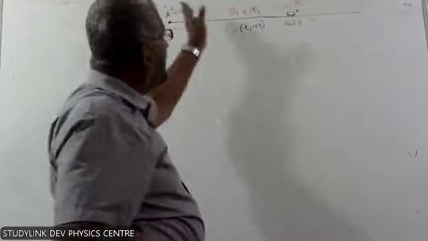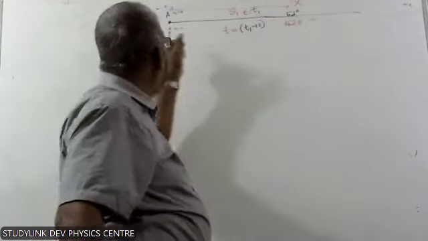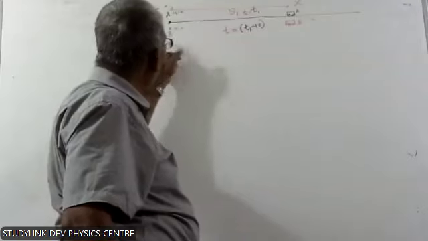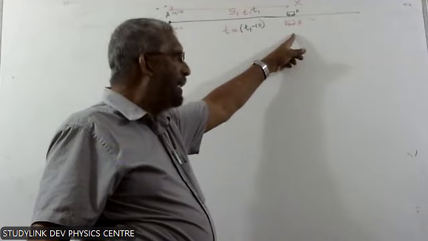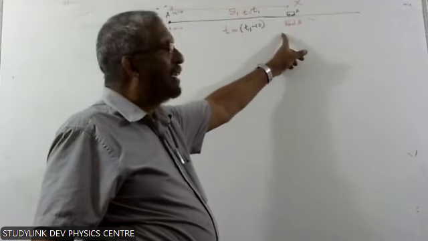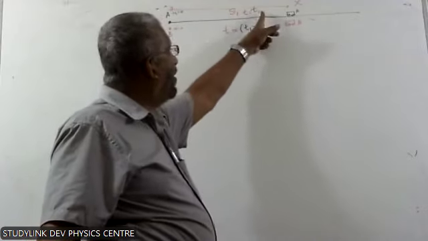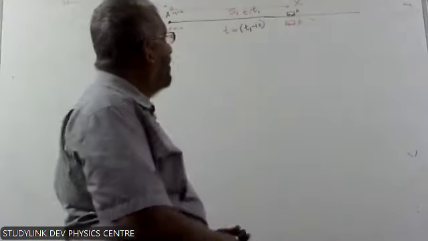Can you understand? If T1 is 50 seconds, this one started after 10 seconds, so the actual time for the second one, B, is 50 minus 10. Like that, T1 is not known, so T1 minus 10.